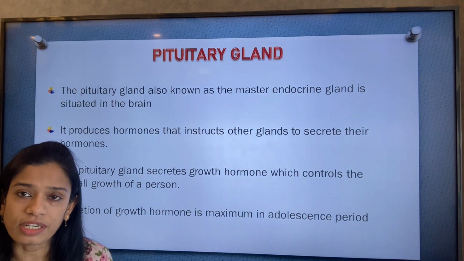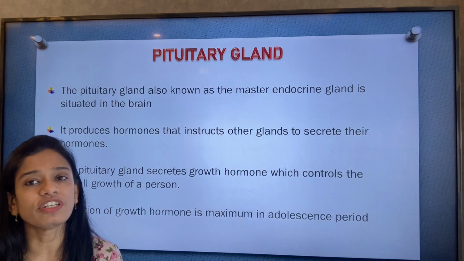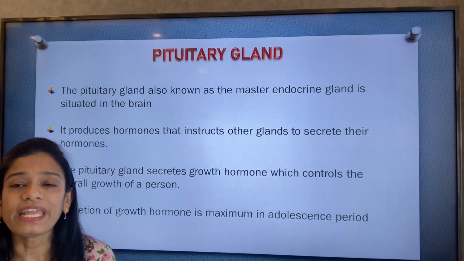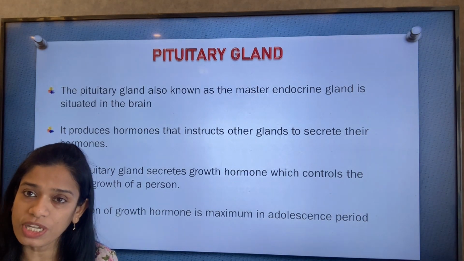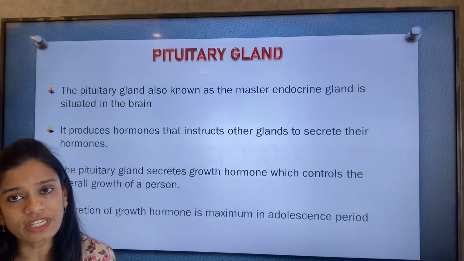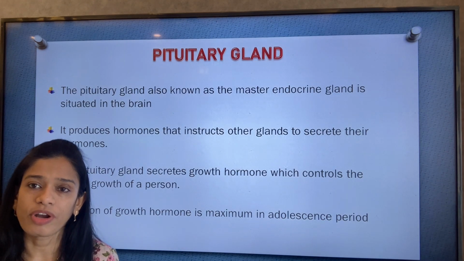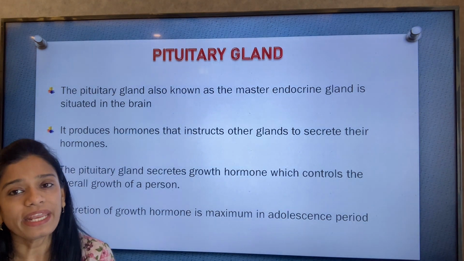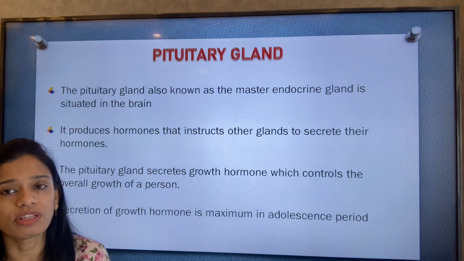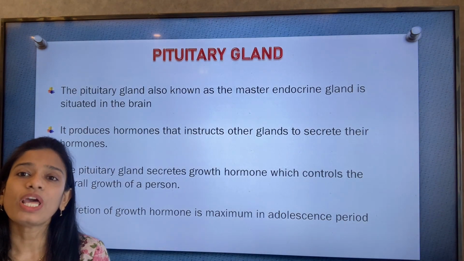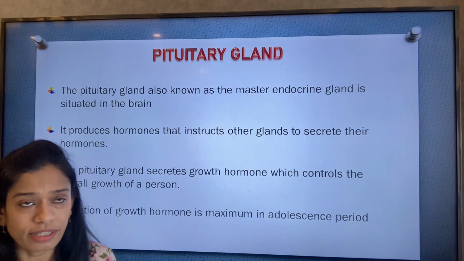It is the master gland. Just like for a cell, the main head is the nucleus, which controls all the activities of the cell, in the endocrine glands the main gland, the pituitary gland or master gland, controls the secretion of all the other glands.